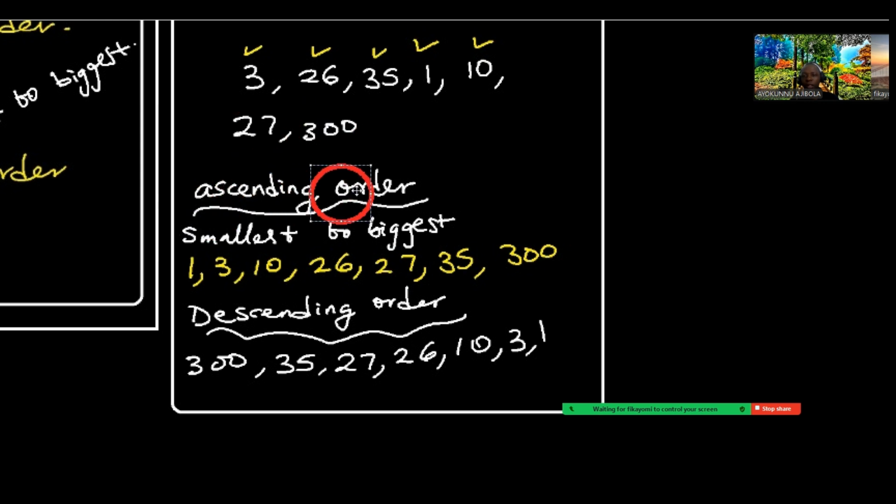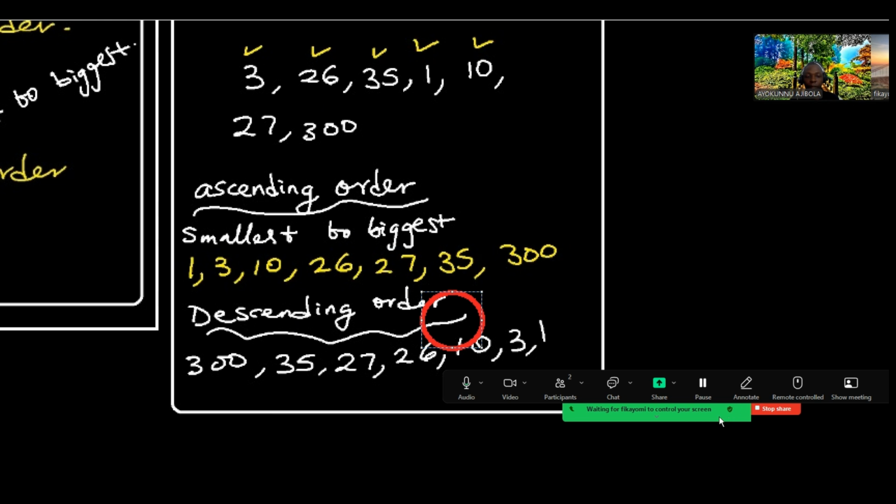In ascending order, you arrange from smallest to biggest: 1, 3, 10, 25, 27, 35, and 300. And in descending order, you arrange them from the biggest to the smallest. Is that clear? Yes, sir.